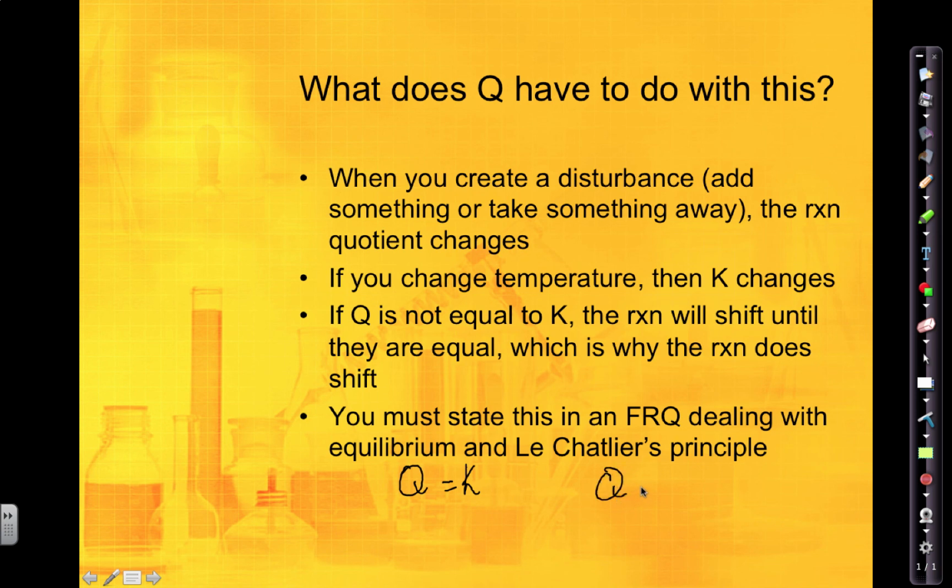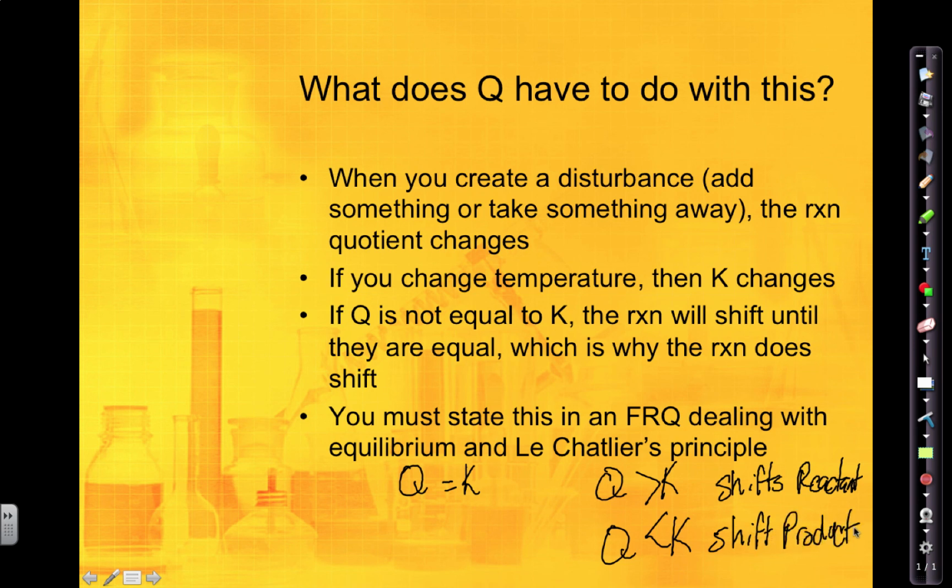But if Q is greater than K, it's going to shift to the reactant side. And if Q is less than K, it shifts to the product side.